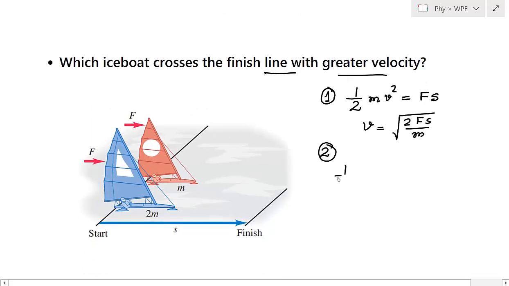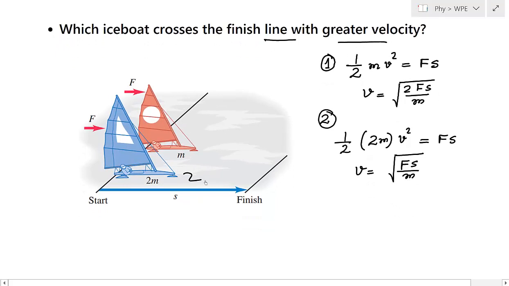So I can write half mv square, but in this case mass is 2m and the velocity is v. So half mv square is equal to Fs, and 2 cancels. So I can write v is equal to Fs by m, and then I have to take the square root.